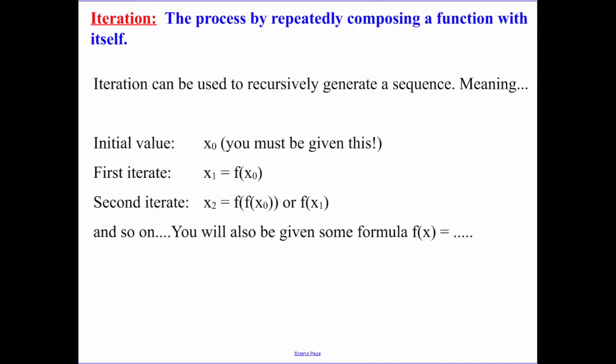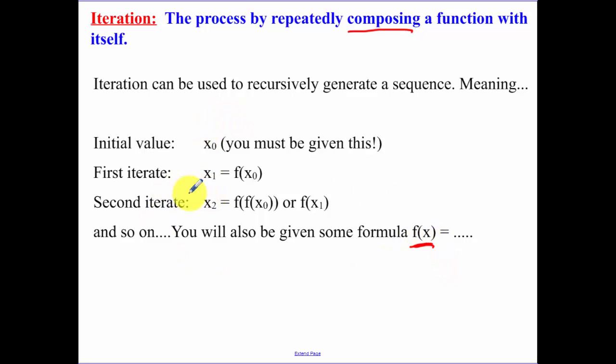Okay, iteration. Iteration is a fancy word, but it's not that bad. What it is, you're repeatedly composing a function onto itself. So you have your initial value. I'm going to give you some certain value initially, and you're going to be given some function.